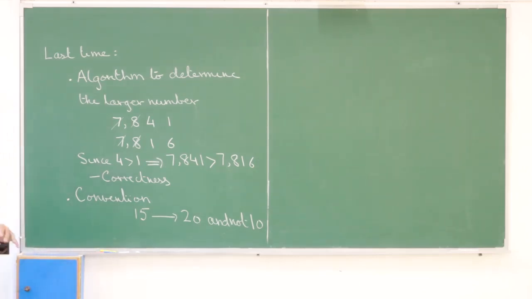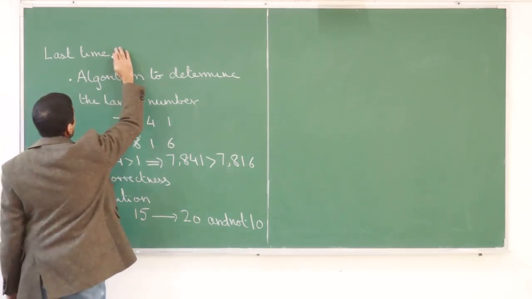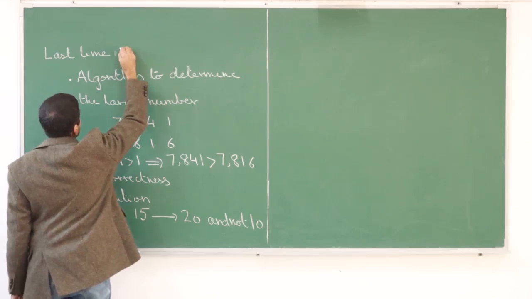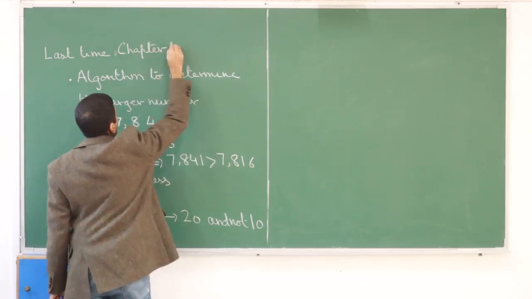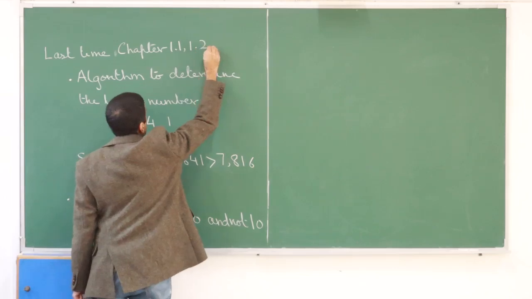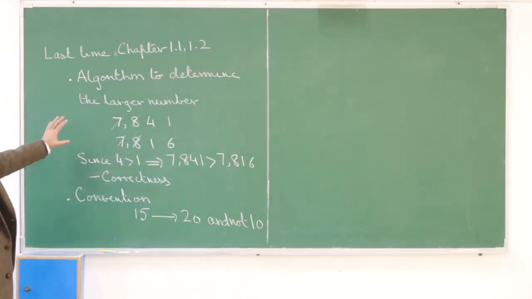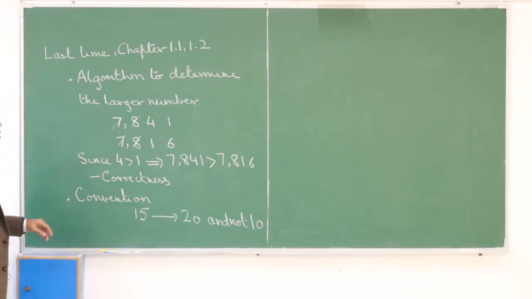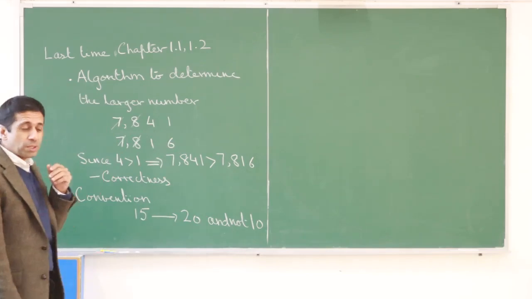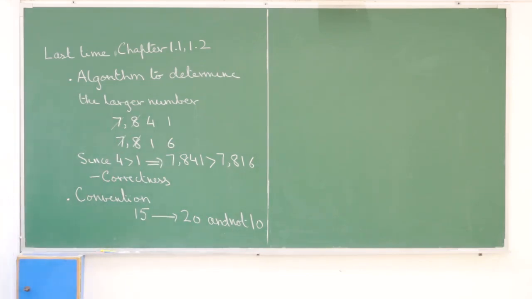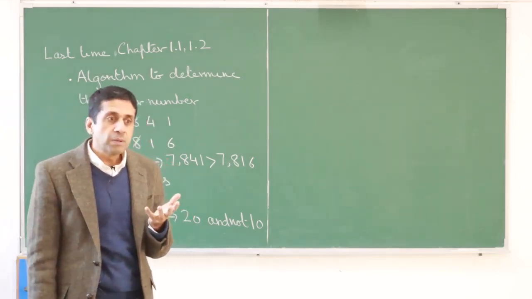Yesterday's lecture was basically about 5-digit numbers. Last time we covered chapters 1.1 and 1.2, which were about 5-digit numbers and approximations. Today we're going to briefly talk about factors and multiples, and after that we'll do something really important: two big algorithms, long multiplication and long division.